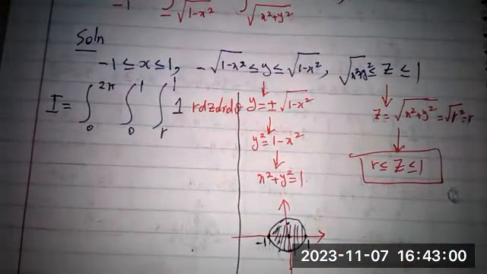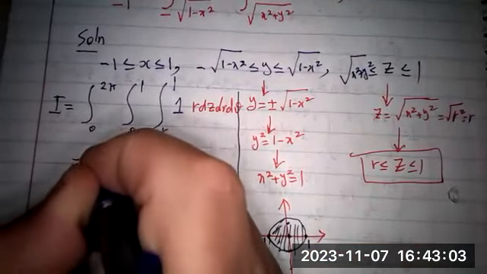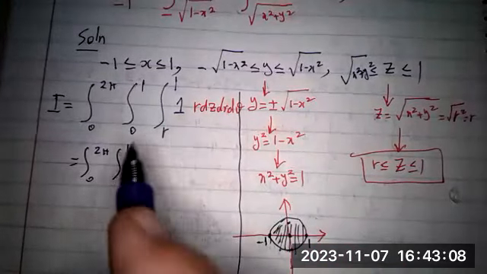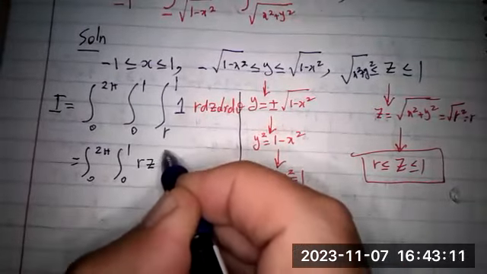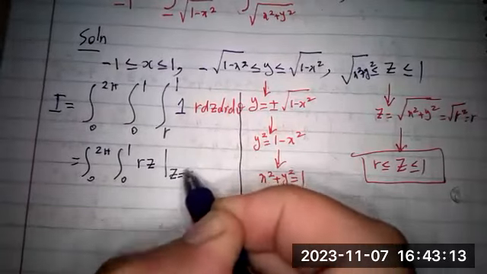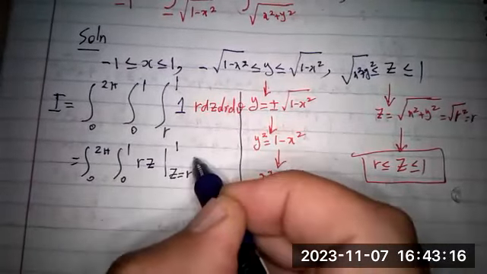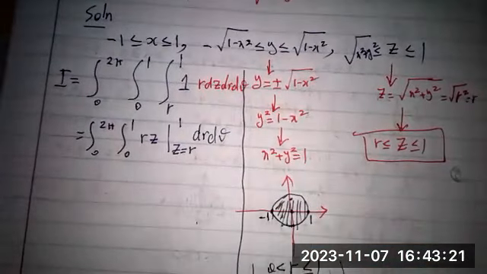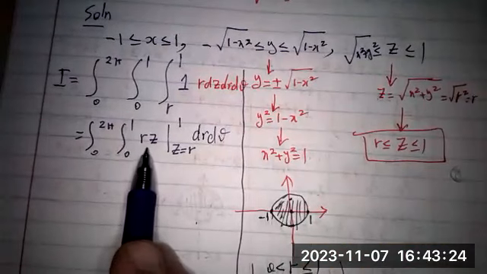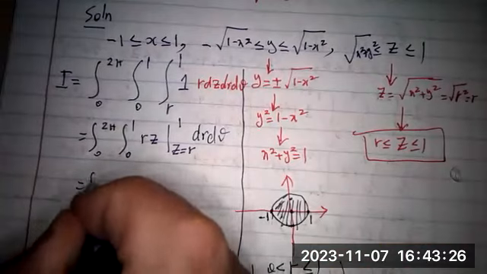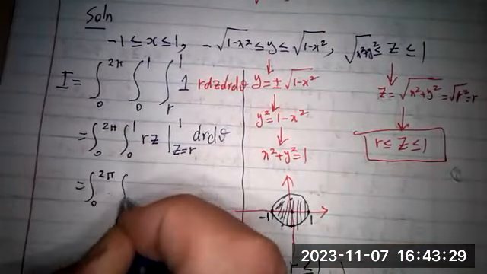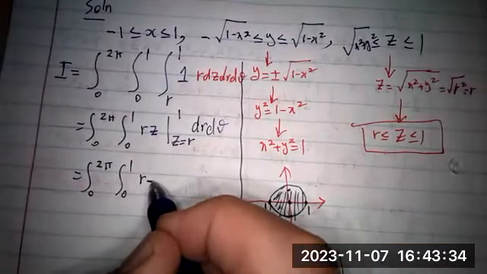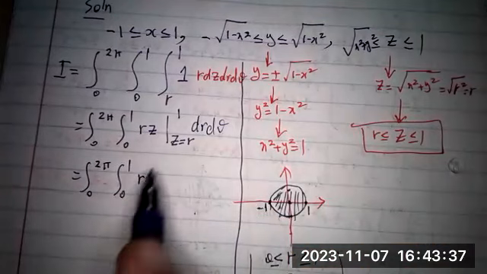You integrate with respect to the z first, so it's going to be 0 to 2 pi, 0 to 1. Integral of r would be rz. Z goes from r to 1. Then we are going to find the dr d theta. Replace the z by 1, then minus, you replace it by r.